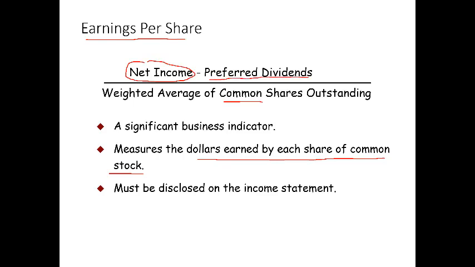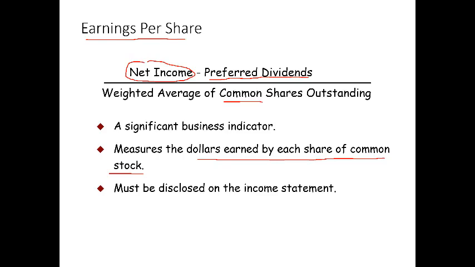These are a different group of stockholders who would get paid dividends before a common shareholder would get them. They're preferred shareholders who get preferred dividends. So it's what's left over in net income that would be available to common shareholders, per share. That's earnings per share as we calculate it.